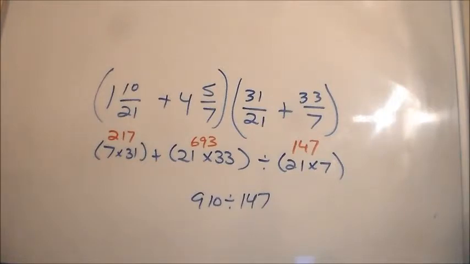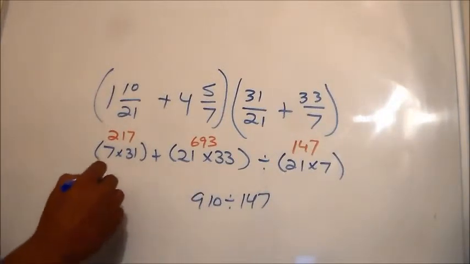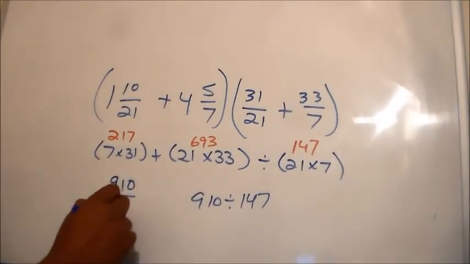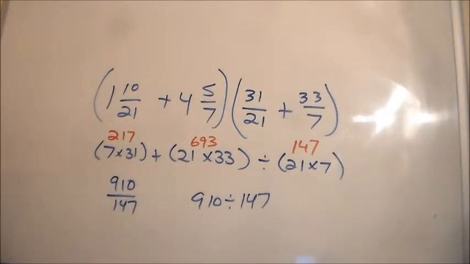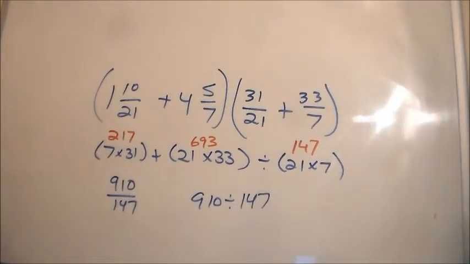But what we would do is actually wind up dividing this, and this would be 910 over 147. That's how it would look as a fraction. That's what we would wind up with. So we have to see how many times 147 could go into 910.